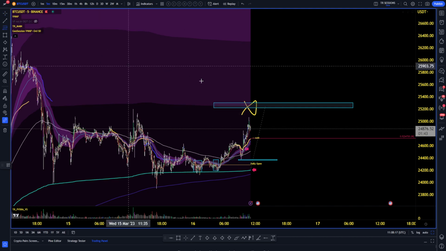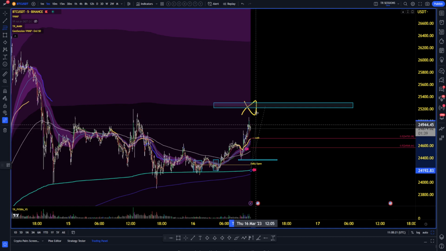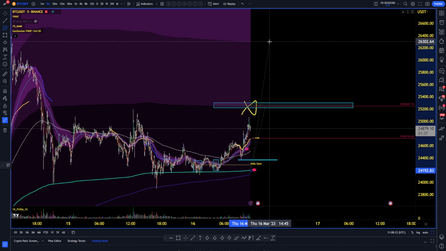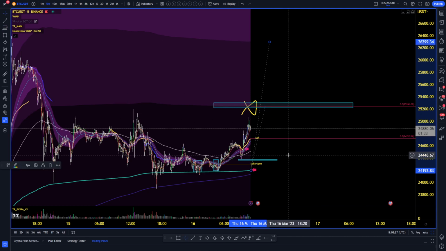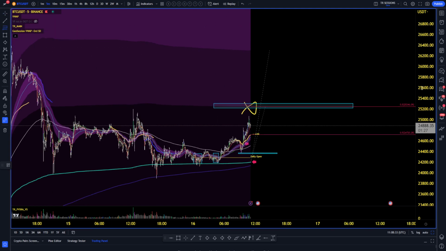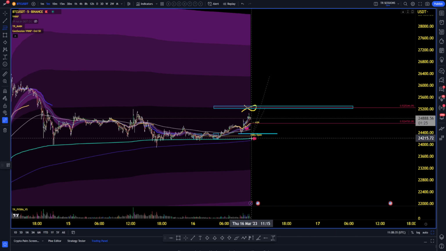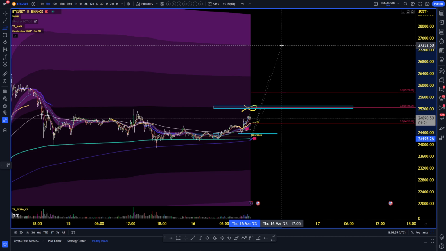Let's take the next zone. VWAP, go all the way up towards that point. That's the midpoint right there, from the low all the way up towards that high. Then we go again from the VWAP, all the way up towards that point.